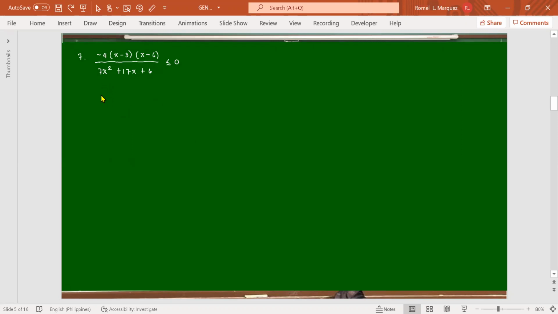So we have 7x plus 3, that is by trial and error, no? x plus what? Plus 2, no? Let's check. 3x, 14x, 17x. Then positive 6, 7x squared.